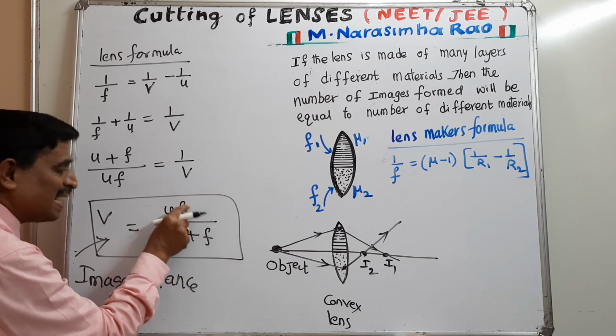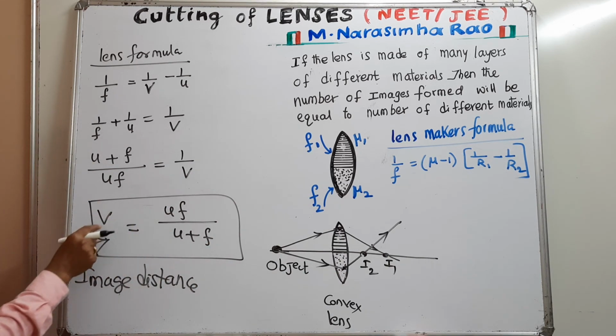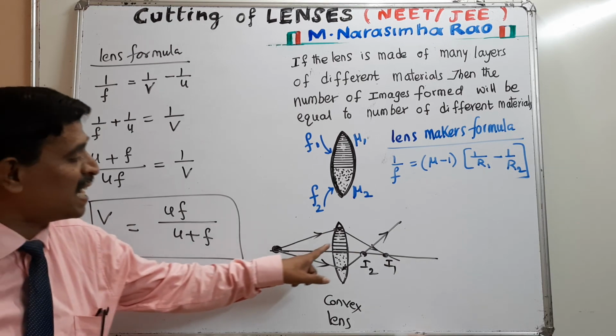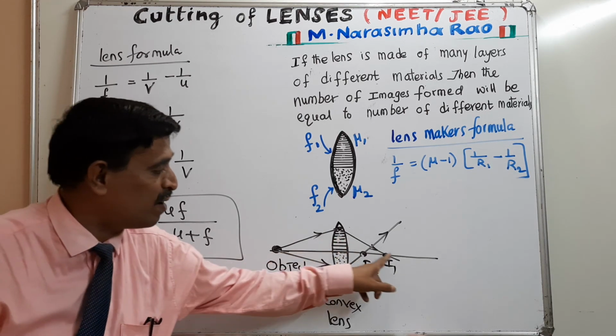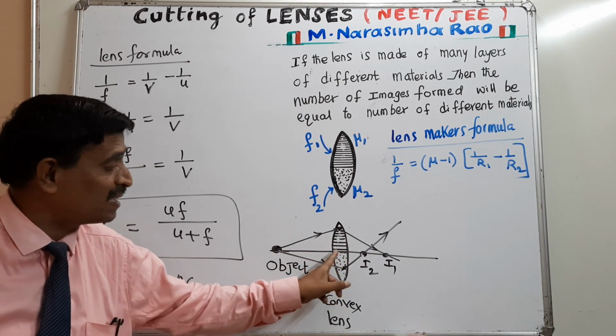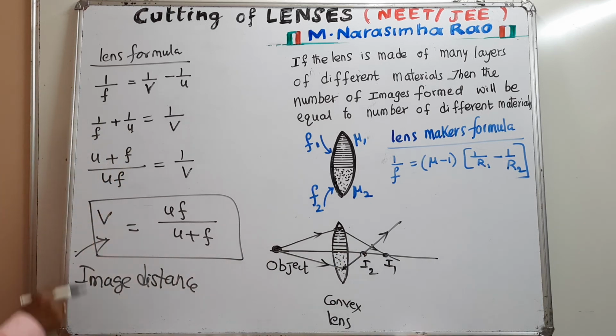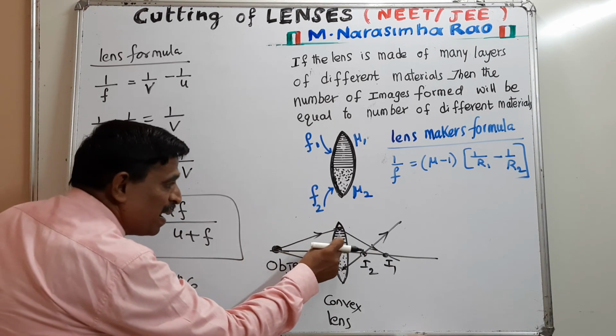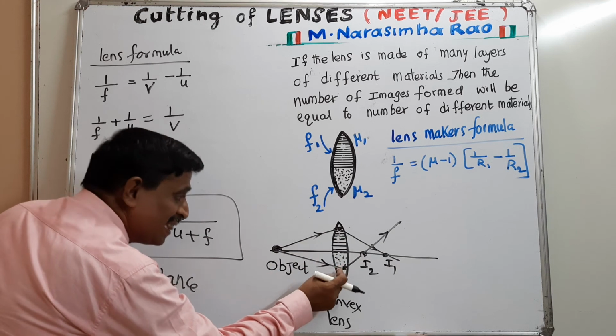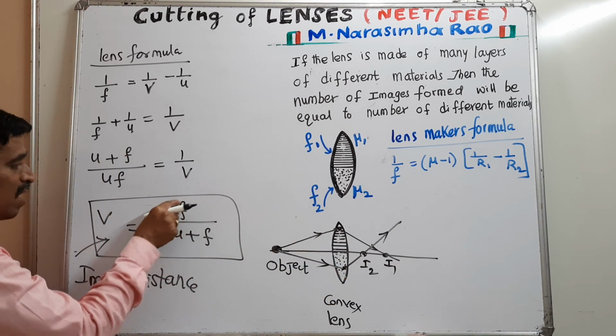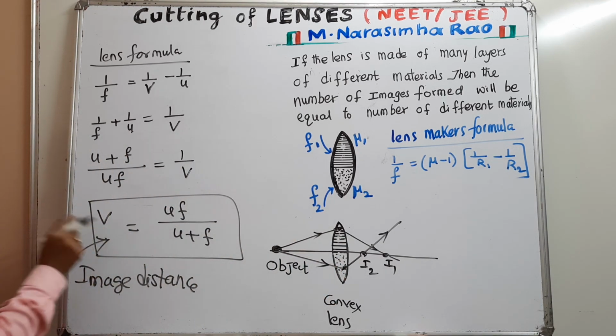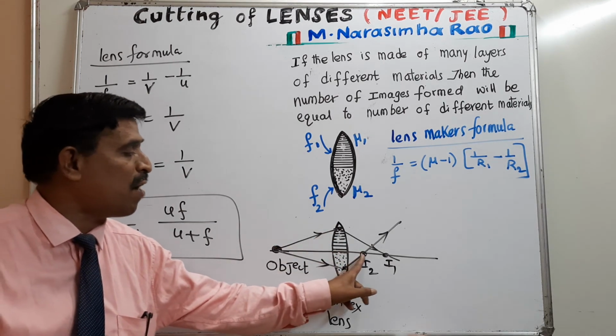Focal length is different, hence the image distance also changes. Image distance for this material is this one, image distance for this material is this one. Focal length is different means image distance is also different. These two materials are forming two images.